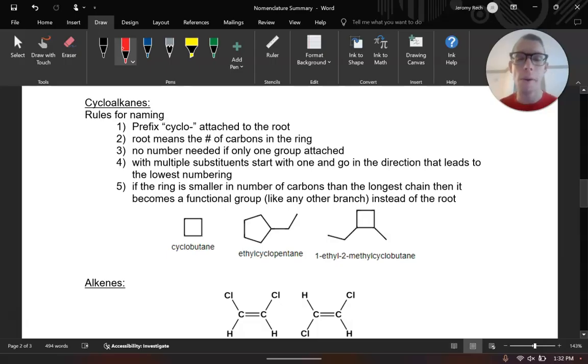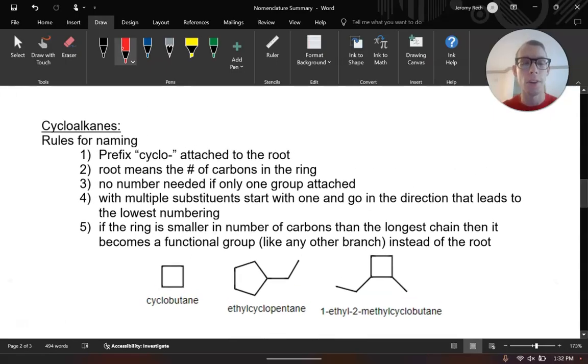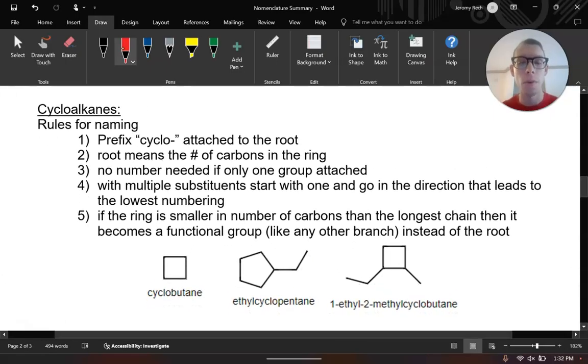Now, after chapter 3, we also started talking about the idea of cyclic structures. We focus primarily on cyclohexanes, and as the name probably suggests, we're going to use a new prefix associated with this word, which is going to mean cyclo.